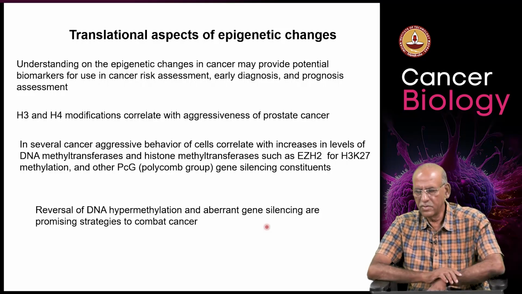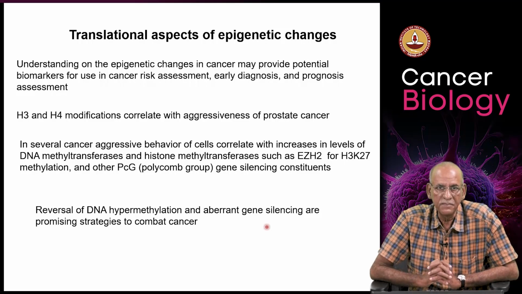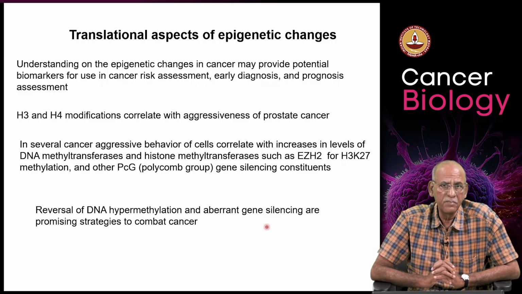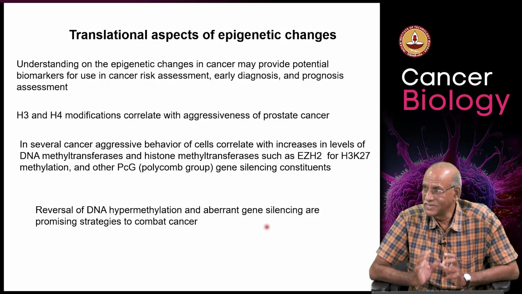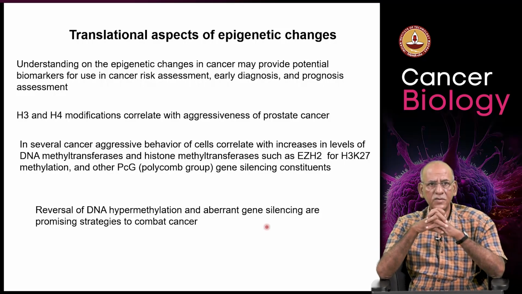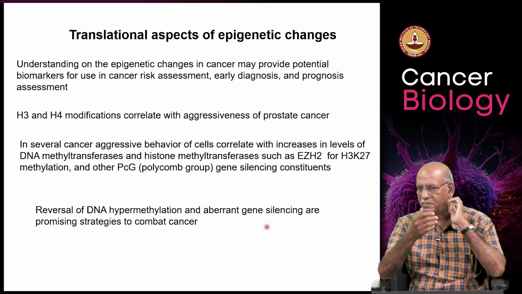Since we are talking about methylation and other epigenetic changes, we are giving these examples. So, understanding these kinds of epigenetic changes obviously may provide potential biomarkers for risk assessment, early diagnosis, and also for prognosis assessment. So, this is what usually people do. What do you want?